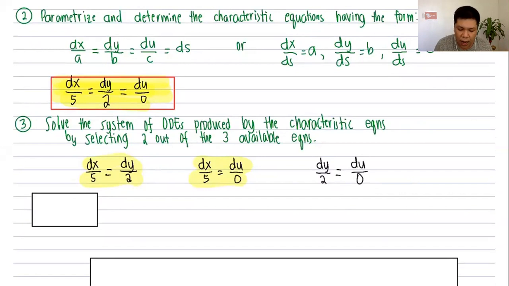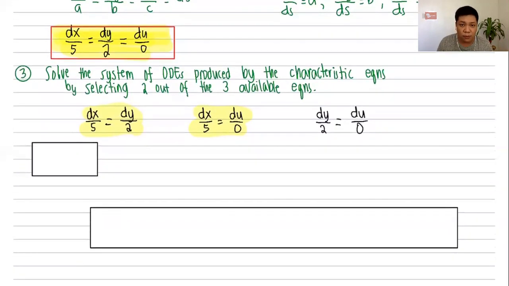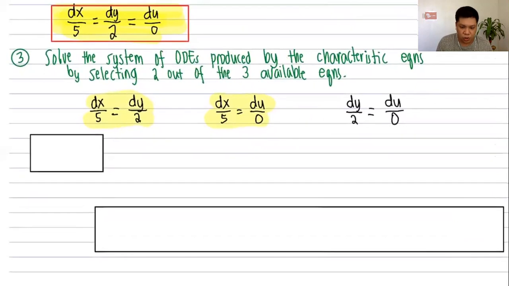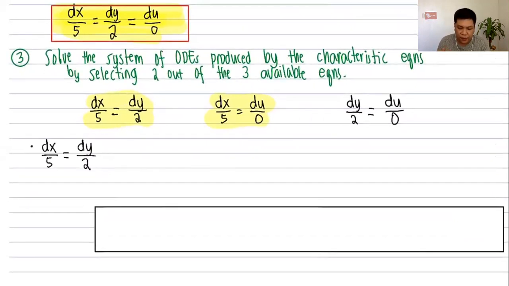Okay? Therefore, our task now is to solve. So to solve, our first equation, dx/5, is just equivalent to dy/2. I can say here that dy is just equal to 2/5 dx, correct?